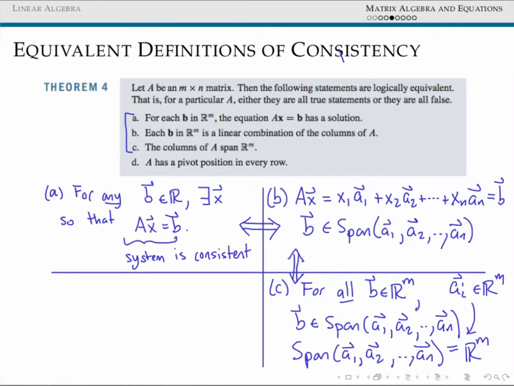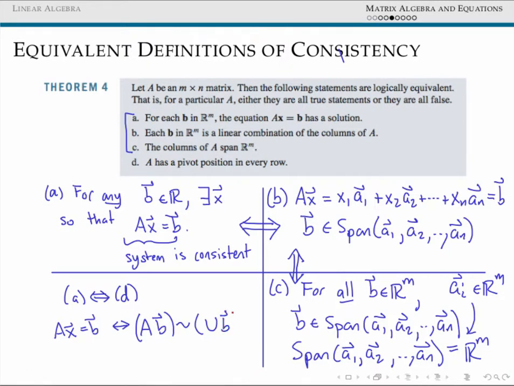The only thing that remains to prove is that statement A and statement D are logically equivalent. And while going into the full details here is a little more time than I'd like to take in this video, what it essentially amounts to is proving that given some system Ax equal to b, looking at the augmented coefficient matrix given by A, all of our vectors in A and b lined up together, this is row equivalent to some row reduced matrix in echelon form.